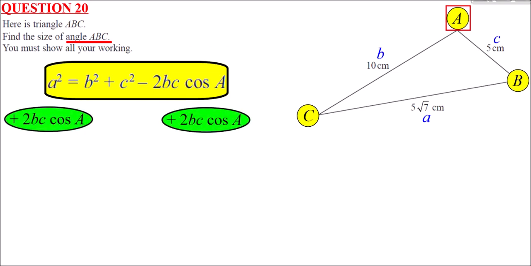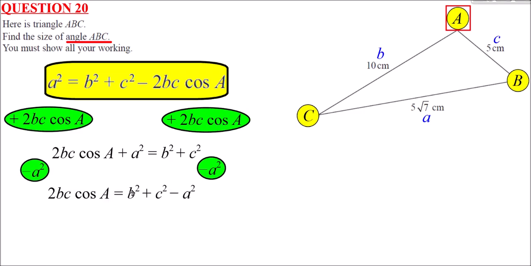If I do that, the left-hand side is going to become 2bc cos A plus the a squared, which is already there, equals b squared plus c squared. I can then isolate the 2bc cos A by subtracting a squared from both sides. That will then give me that 2bc cos A is b squared plus c squared minus the a squared we've just subtracted.